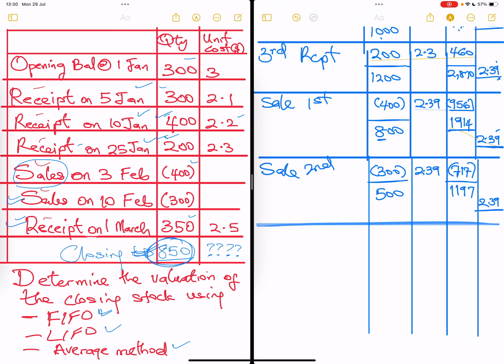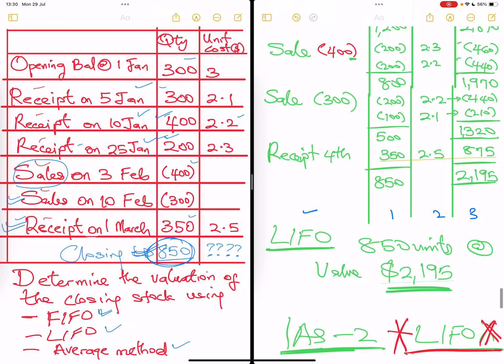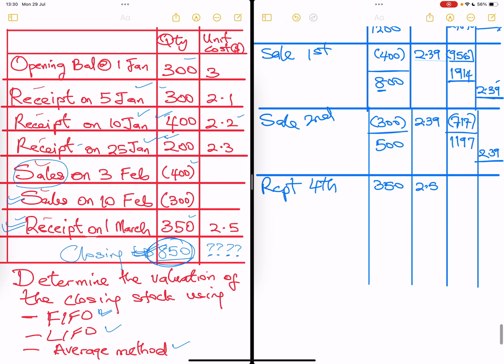We've done the valuation for that activity. So the last activity is another receipt. So we have the fourth receipt. This time around, that was 350 units at 2.5, and that is valued at 875.